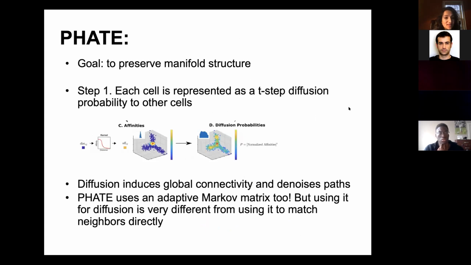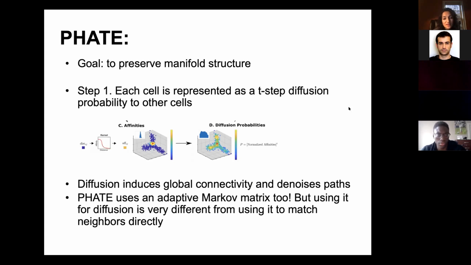Okay. So FATE is a method that we developed in our lab. And it's an alternative to these nearest neighbor preservation type visualizations because it's not doing nearest neighbor matching type visualization. So this could be a good alternative to just looking at t-SNE or UMAP, which a lot of papers look at.